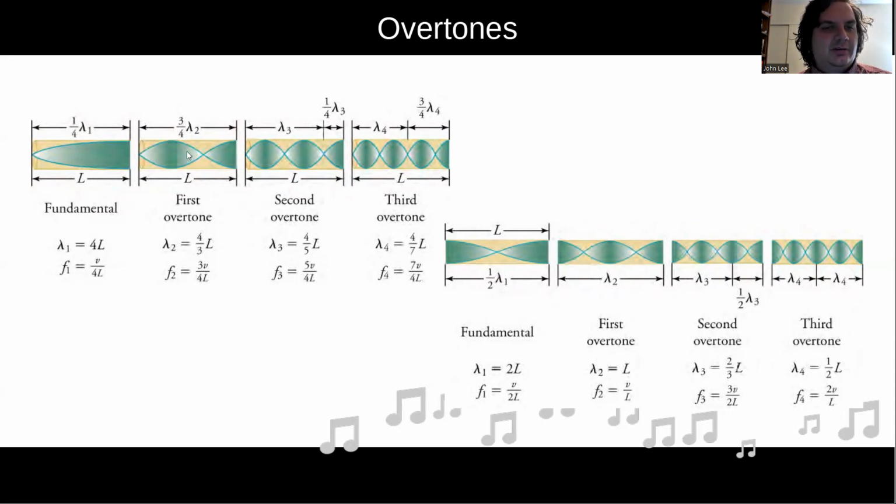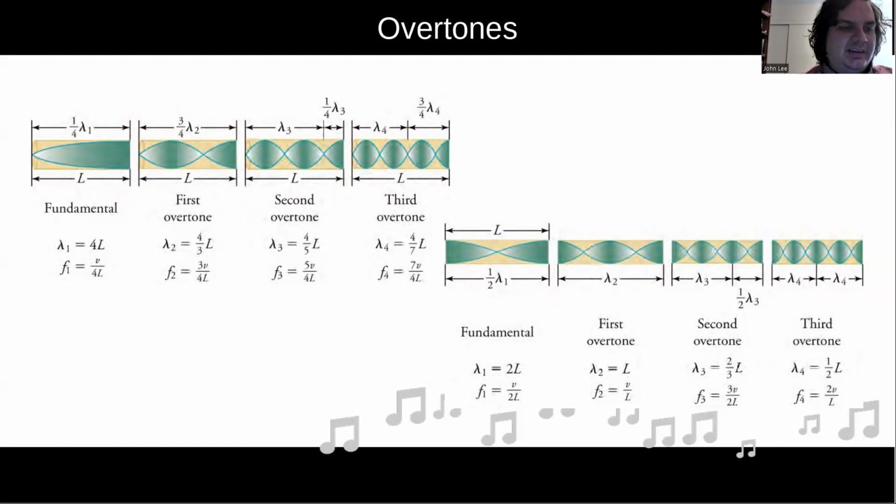So the first overtone is one where you have 3/4 of the wavelength. Earlier, you had 1/4 of the wavelength. For the second overtone, you have 5/4 of the wavelength. For the third overtone, you have 7/4 of the wavelength. So this wavelength is dependent on the material properties, but this is how flutes work.